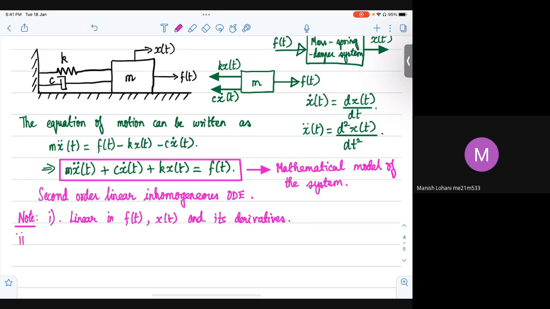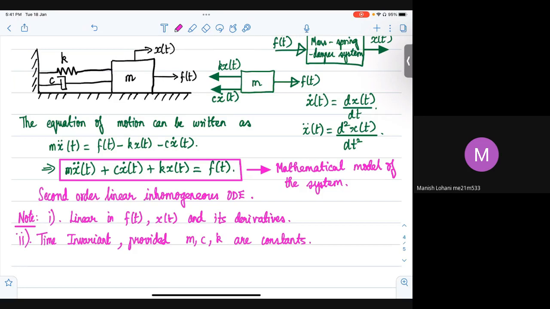How do we interpret that it corresponds to a time invariant system? It is time invariant provided the system parameters m, c, k are constant. If m, c, k are constants, the system becomes time invariant.